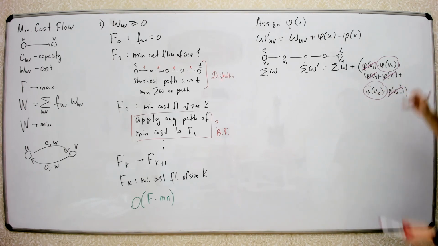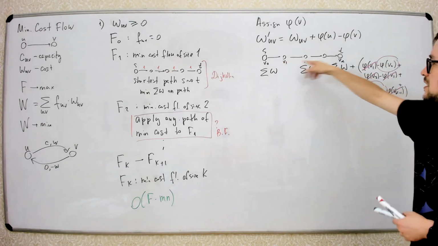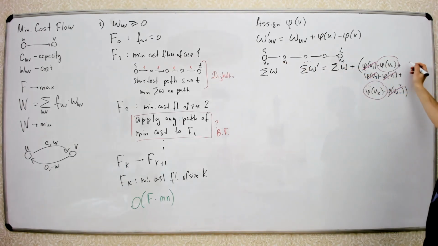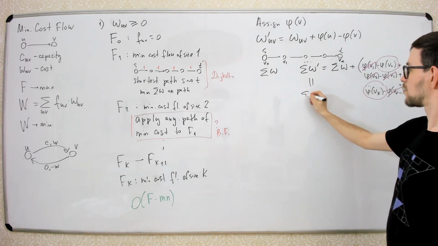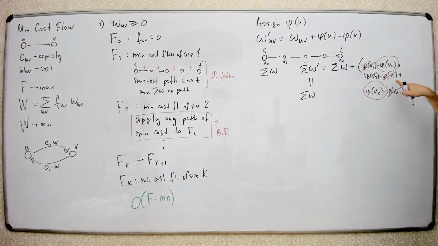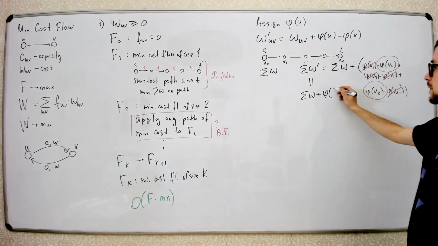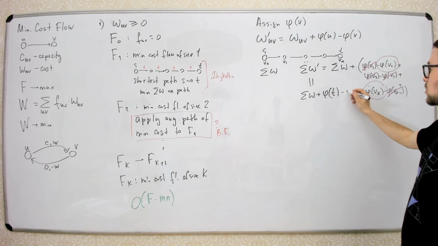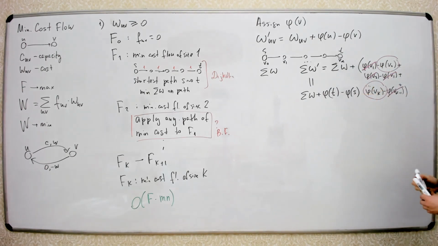So the cost of this path in this modified graph will be the sum of all weights plus the potential of Vk, which is T, and minus the potential of V0, which is S.